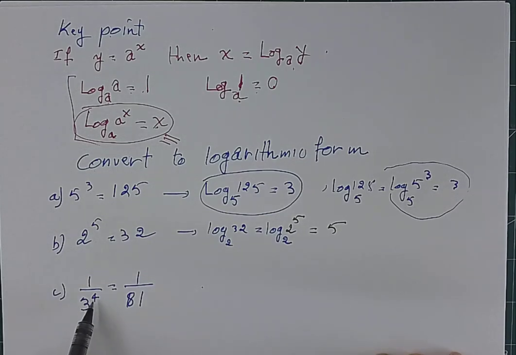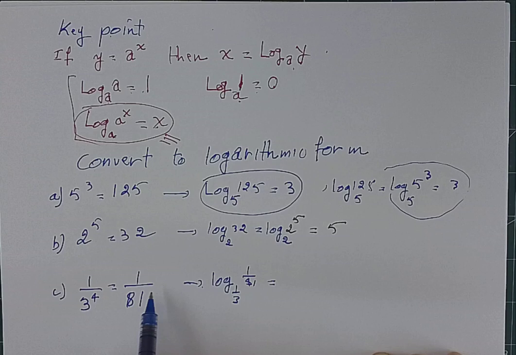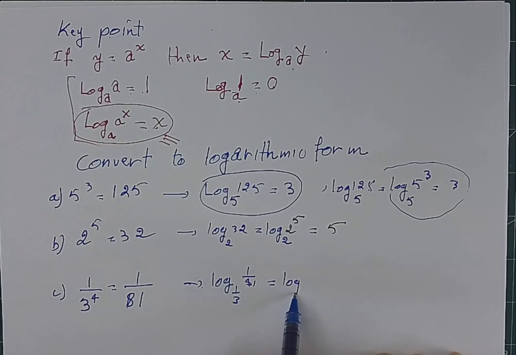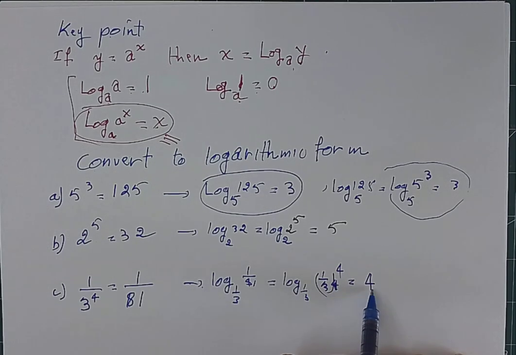The same thing here, for example, 1 over 81 with base 1 over 3. So equal here log base 1 over 3 of 1 over 3 to the power 4. Okay, power 4 here. So equal 4.